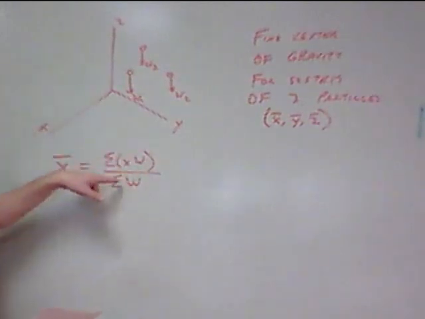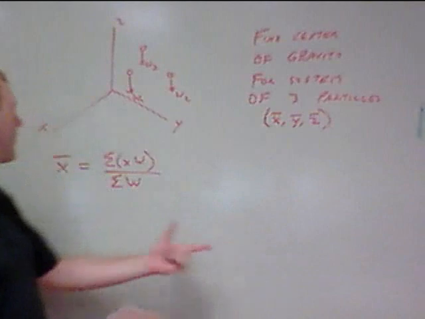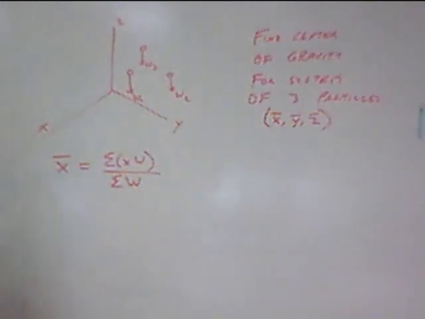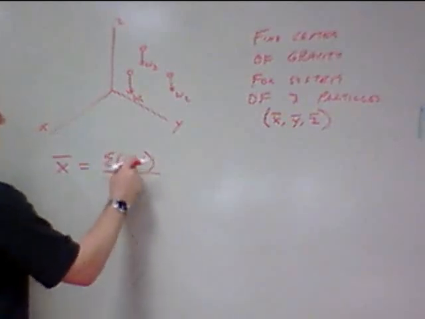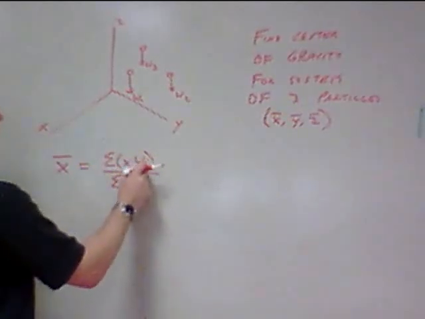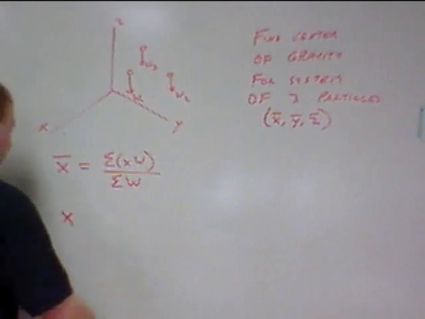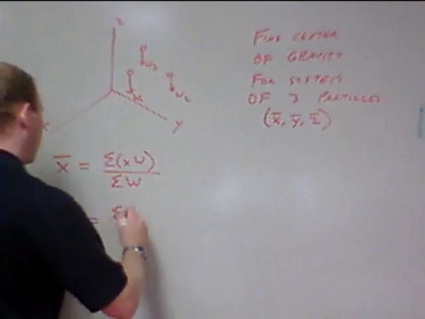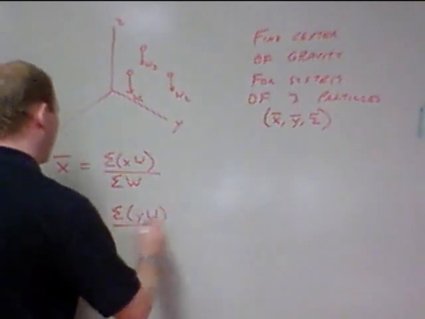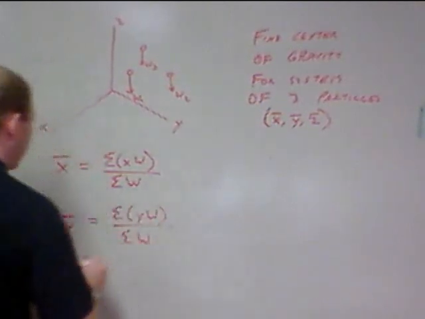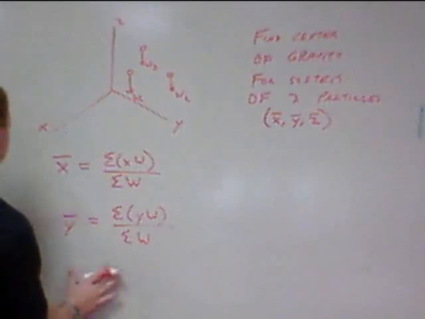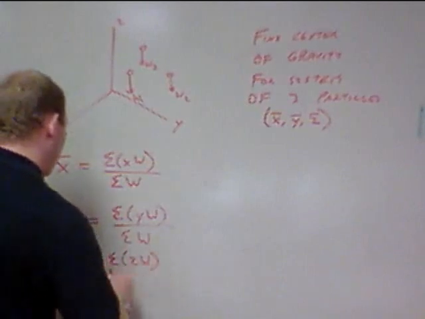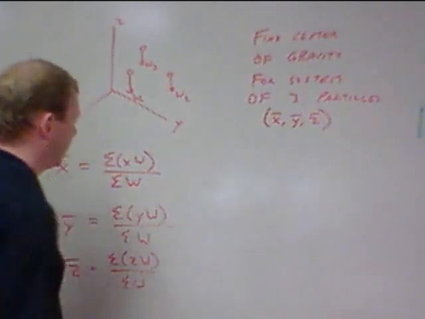This is the exact same equation I had just up here in terms of the x's. I've just rearranged it a little bit. Summation of weights was what we called WR a moment ago. XW is x1 W1, x2 W2, x3 W3, and we'll similarly have the same thing for y bar, summation of yW over summation W, and z bar equals summation of zW over the total weight.